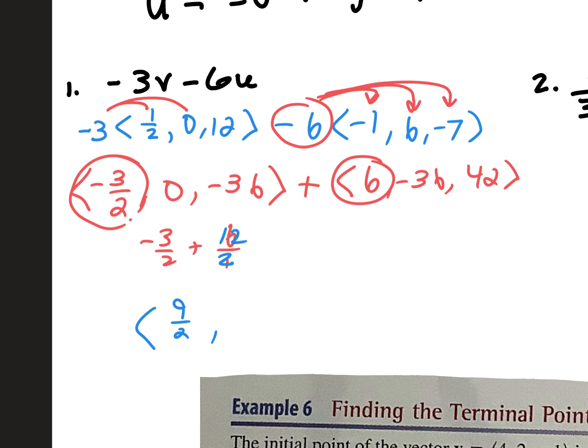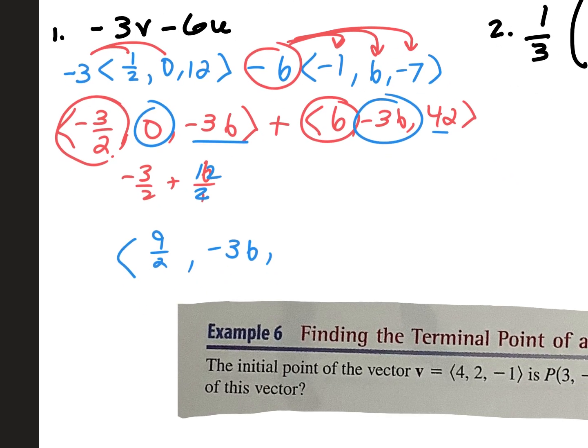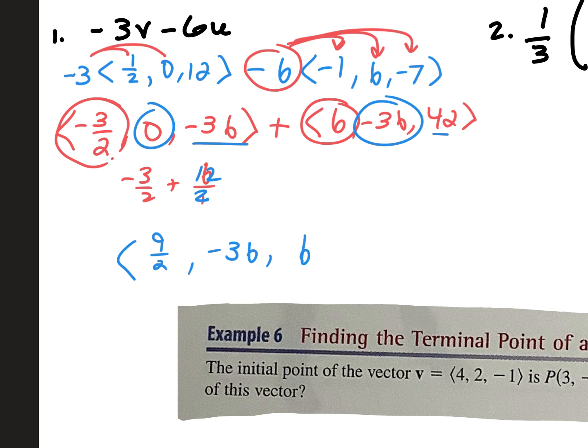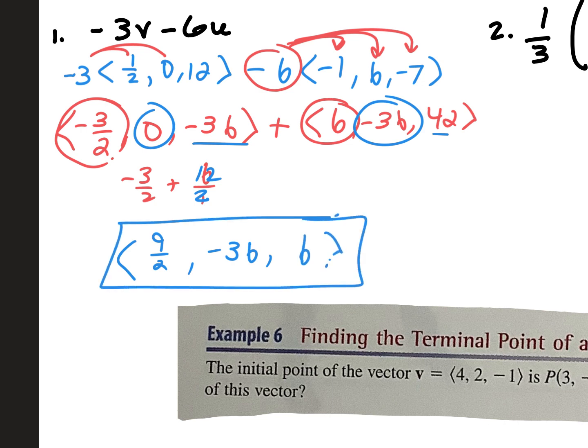Perfect. Then I have 0 plus -36. -36. And what's a -36 and a +42? 6. Perfect. Now, if I asked you to find the magnitude, what would you do to all three of those numbers? Square them and add them, and then take the square root.